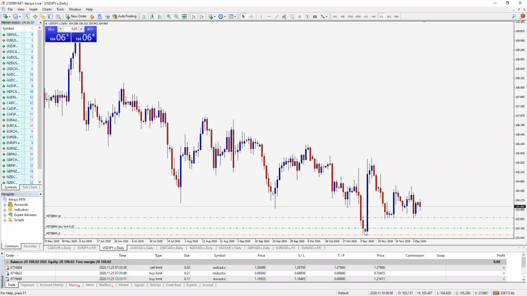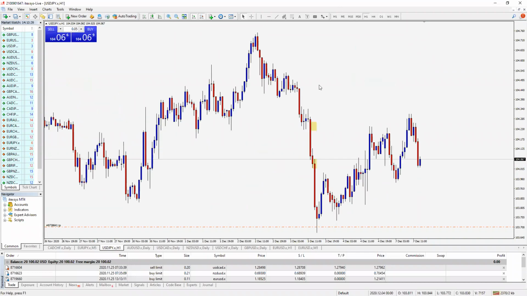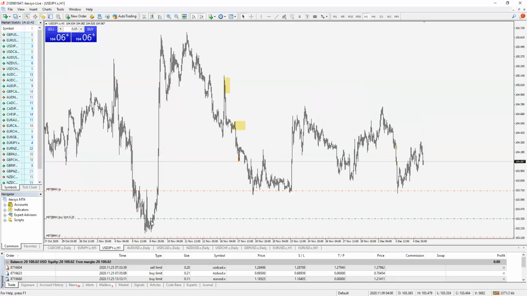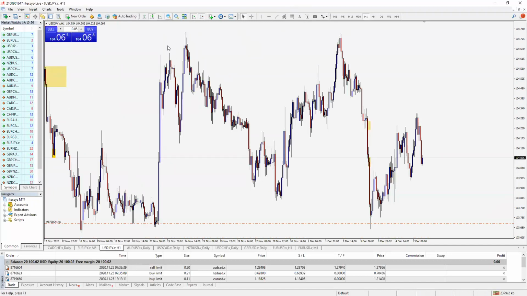Let's try to zoom into that. Okay, you can see this demand here, so that would be a good buying area for me. But I don't have a bias on this one. And those are the majors.